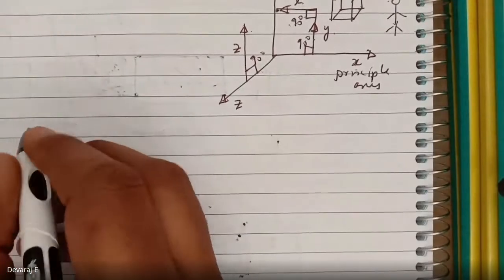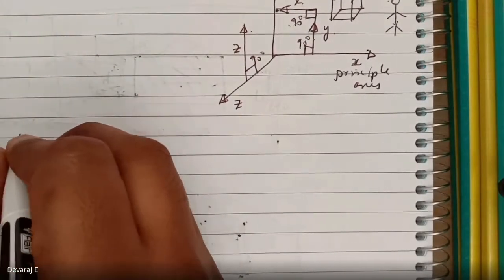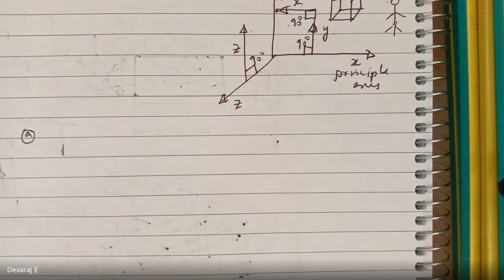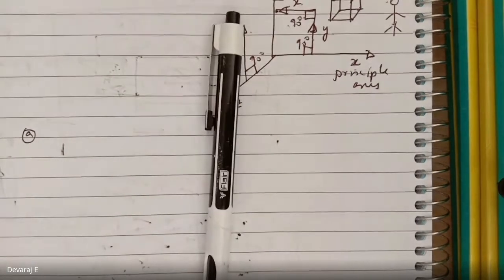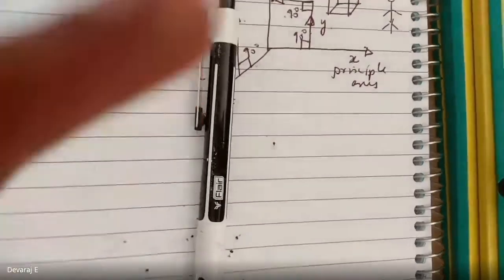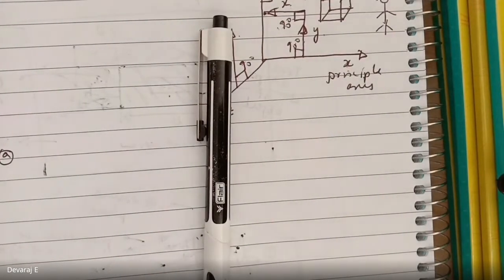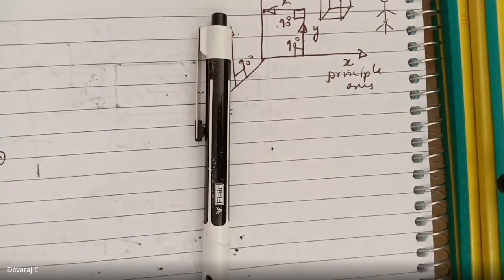Write down the first type, trimetric. There are three types, right? Can anyone mention the different types in axonometric projection? Trimetric, dimetric, isometric. Good. Write down the first type, that's trimetric.